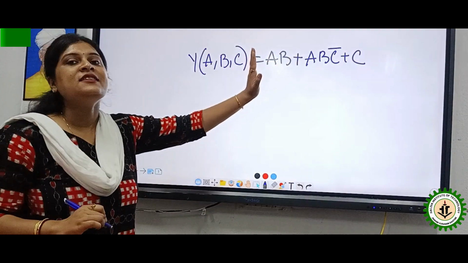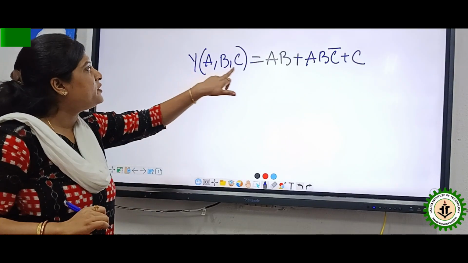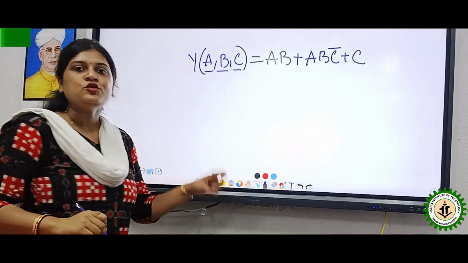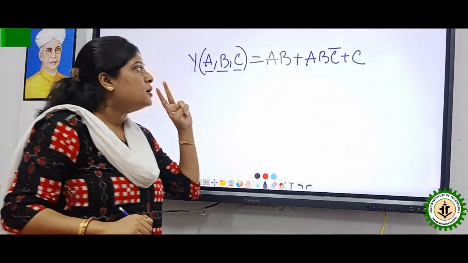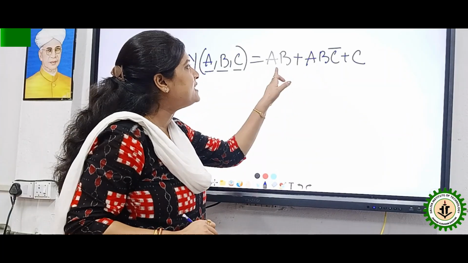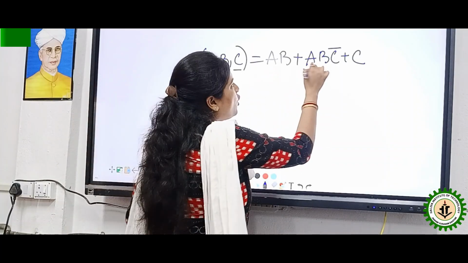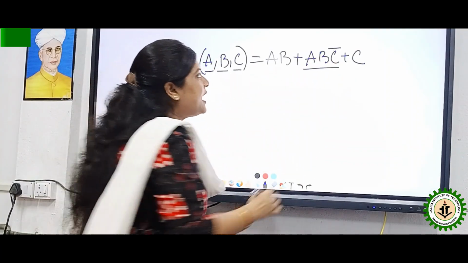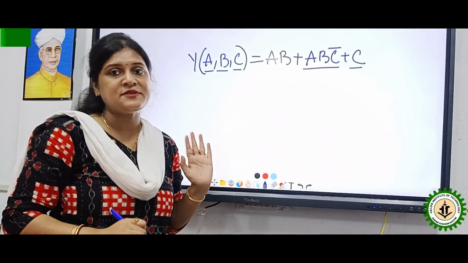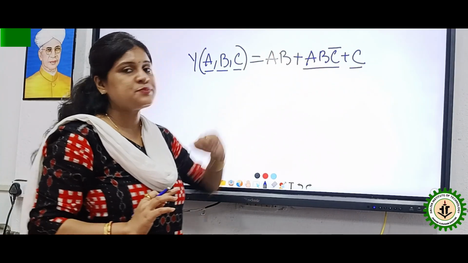Now this is not in the canonical form of the expression. Why? Because here we have the variables A, B and C, so a total of 3 variables. But in each term of this expression, C is absent in the first term. Here all the variables are present, and here A and B, these two variables, are absent. So we cannot say that this is the canonical form of the expression.